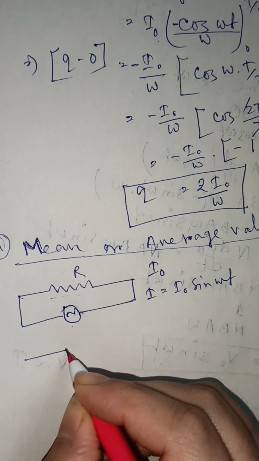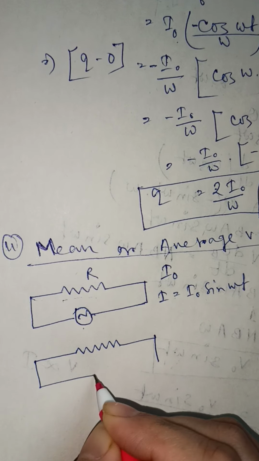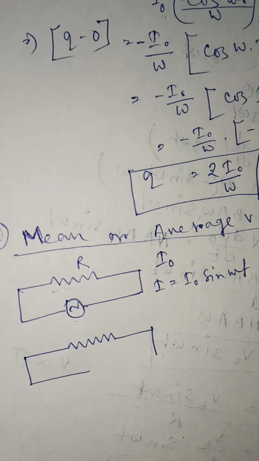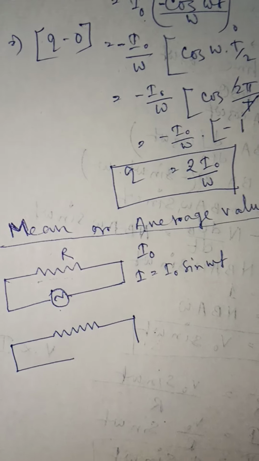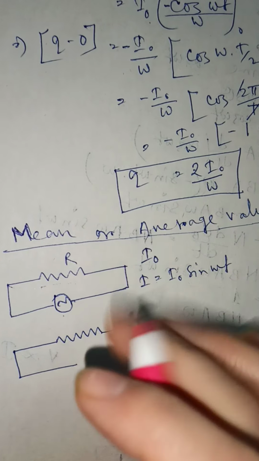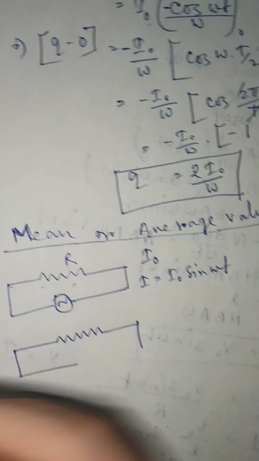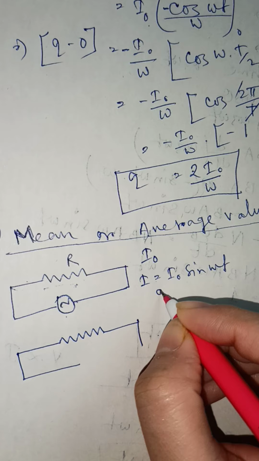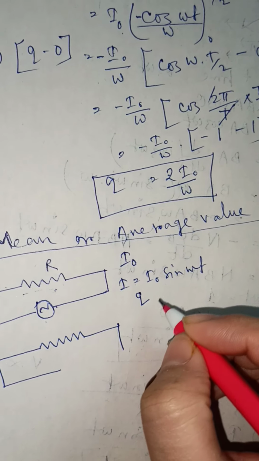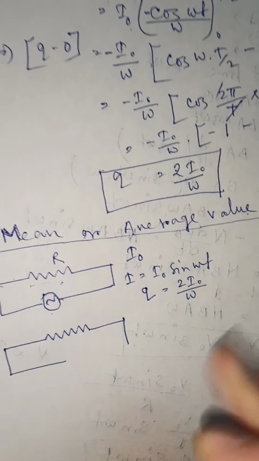If we connect this same resistance with a DC source, and look here, the total charge passing through this circuit for half cycle is suppose Q, because we know that Q equals 2 I naught by omega.